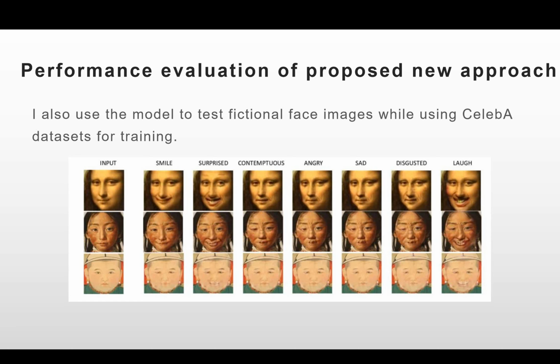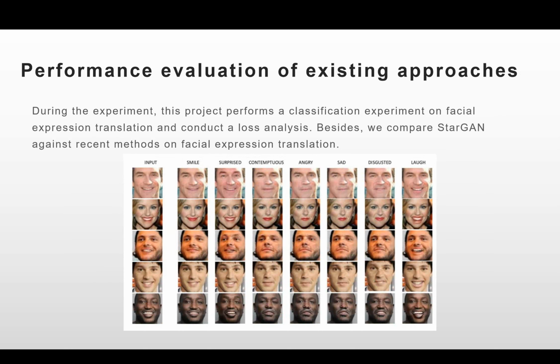For example, in this figure, we show how a CelebA image is converted according to several expression domains, such as surprise, contemptuous, angry, sad, disgusted, and love. We can also further expand training to multiple domains from different datasets, such as jointly training CelebA and RaFD images.